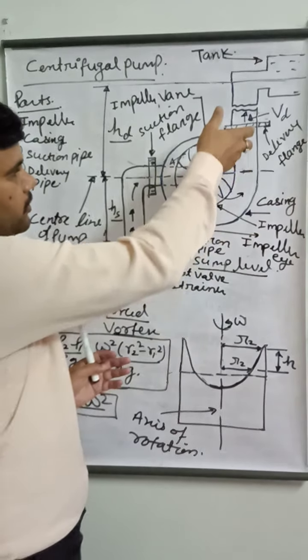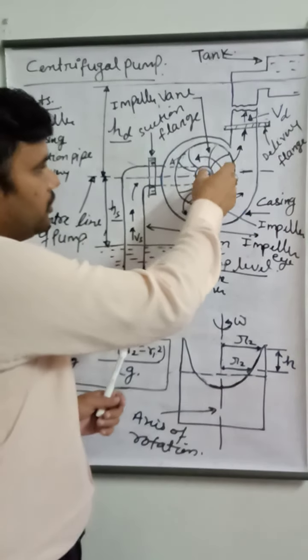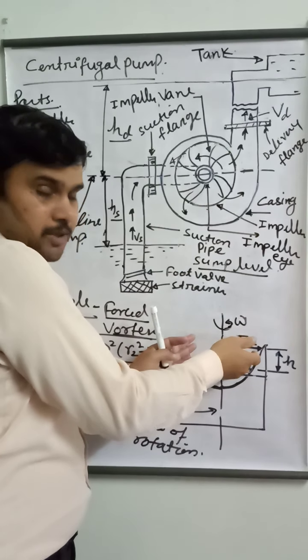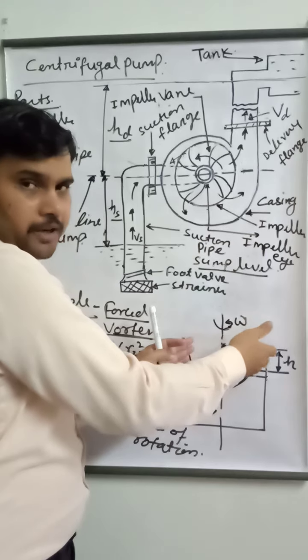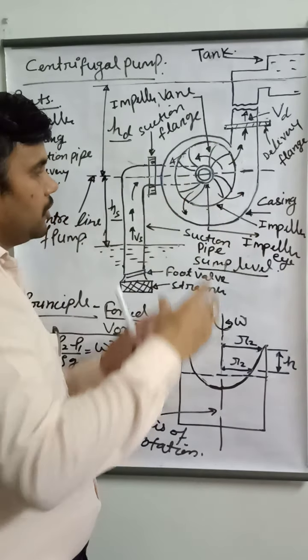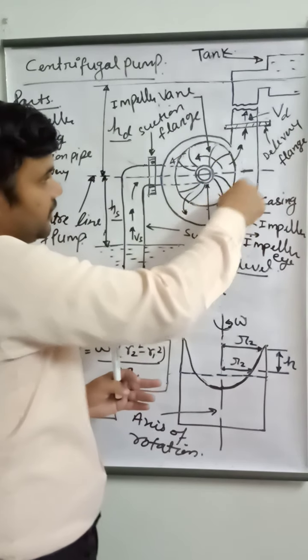Then, as the impeller rotates, the liquid will be forced out, that means pressure will increase in the radially outward direction. So it will be forced out in the outward direction, flowing here in the casing.